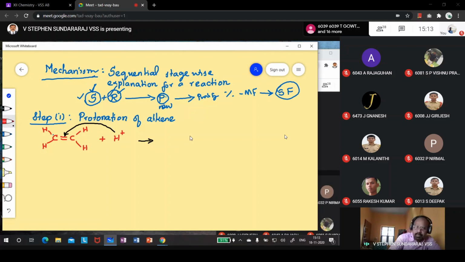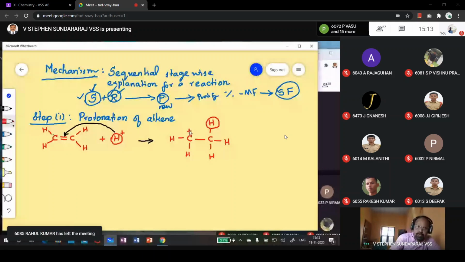You write any side. Now you can bring it like this, because here the hybridization will change, since the double bond is going to disappear. So here one hydrogen, here one hydrogen, and here one hydrogen. This is the hydrogen that newly comes. And automatically a positive charge will come here. Don't forget that the positive charge will come here. Why?